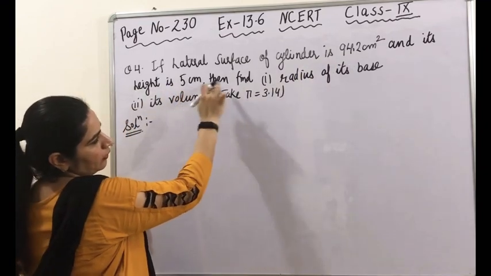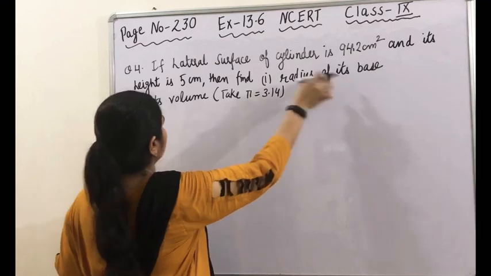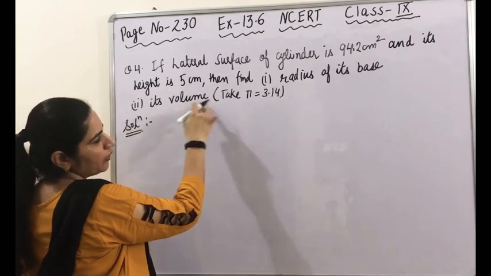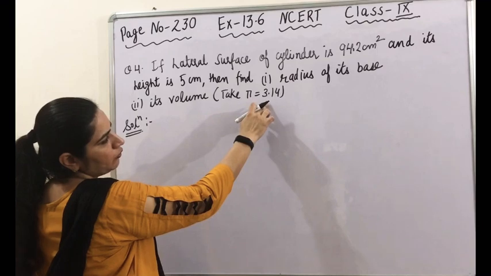Again, next question: the lateral surface area of a cylinder is given, its height is also given, then find out the radius of its base and also find out the volume, where the value of pi is given as 3.14.